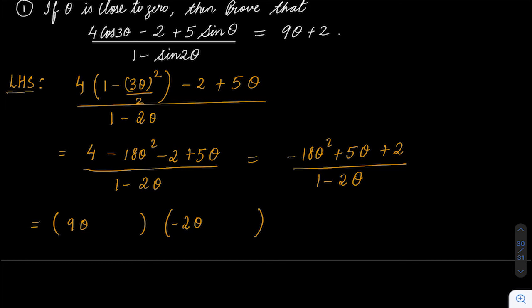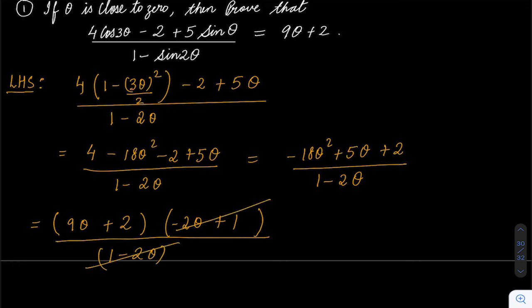And this will be plus 1 and plus 2. So it makes sense now. Minus 18 theta squared, it will be 9 minus 4 is 5 and 2 times 1 is 2. So these are the factors, and 1 minus 2 theta. So I can cancel this factor and this factor. What I am left with is 9 theta plus 2. Hence proved.